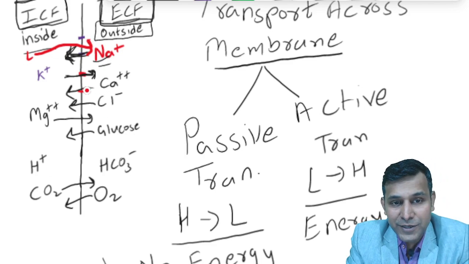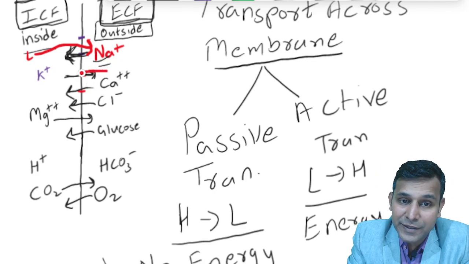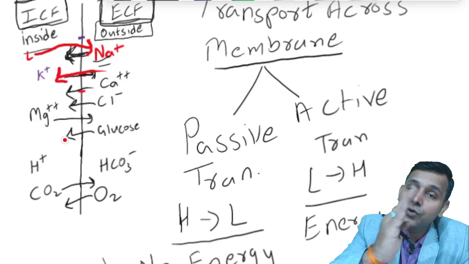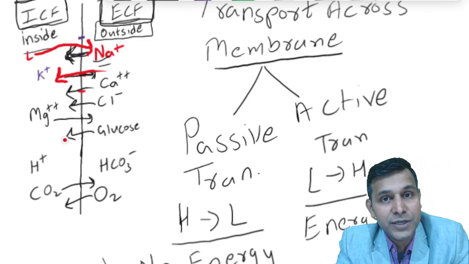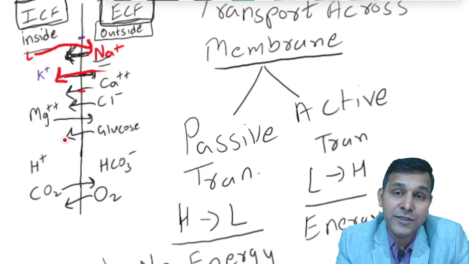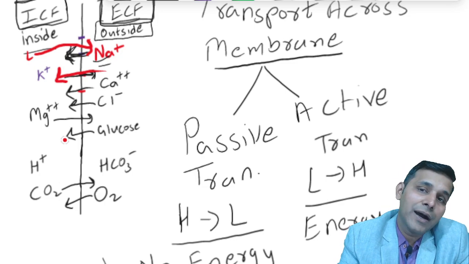Similarly, if potassium is transported from ECF to ICF, that is from lower to higher concentration, then potassium will be an active transport. So in active transport, the substance moves against the gradient, that is, from lower to higher concentration.